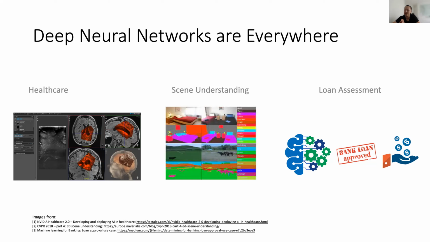In the middle example, we can see a given image that is segmented into different fields and labeled with different labels. In the last image, AI algorithms likely built on top of deep learning models might be applied to determine whether a person can get a loan or not.